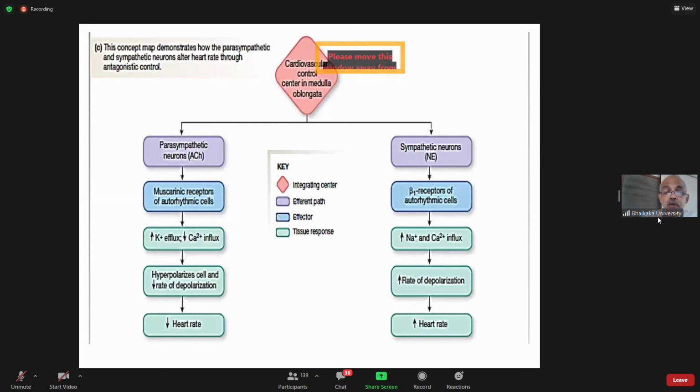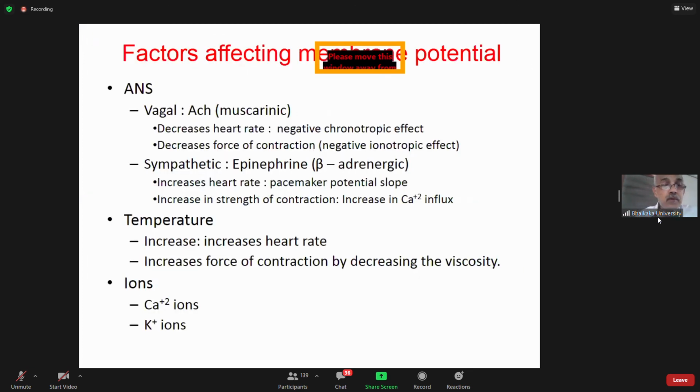Hyperpolarization occurs because of efflux of potassium ions or influx of calcium ions. And rate of depolarization increases. Sodium ions and calcium ions influx increase. Heart rate decreases, heart rate increases. We'll skip this slide.